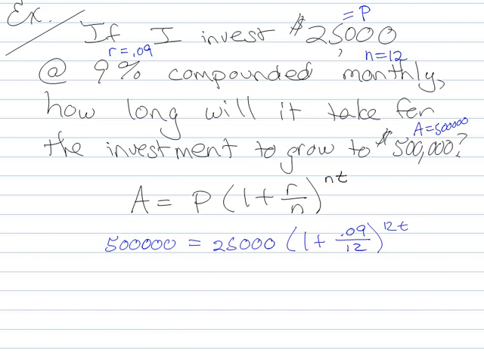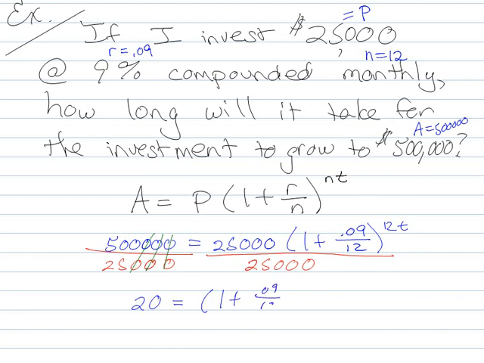Isn't that exciting? Okay. So we've got to get that exponent isolated. Let's get rid of everything that's distracting. This 25,000 out front is very distracting, so let's divide both sides by 25,000 right off the bat. Okay, so zeros cancel out, and I'm left with 20 equals 1 plus 0.09 over 12 to the 12t.